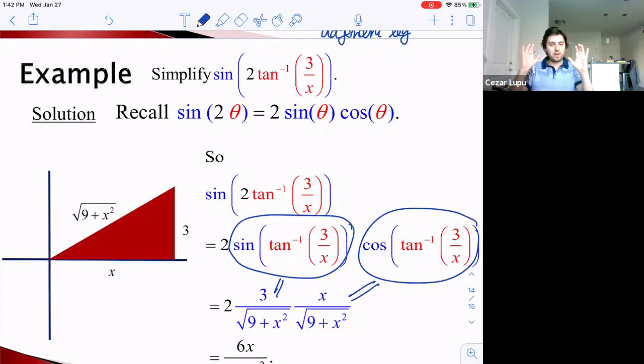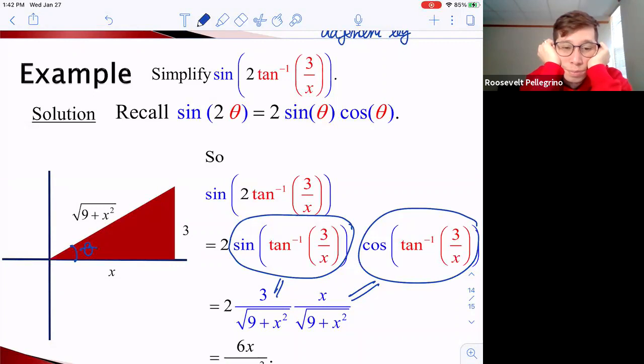By doing the same thing, you draw the right angle triangle, and in our case you have 3 over x. Since you want the tangent, it is the opposite leg over the adjacent leg, right? So this is your angle theta, let's say.